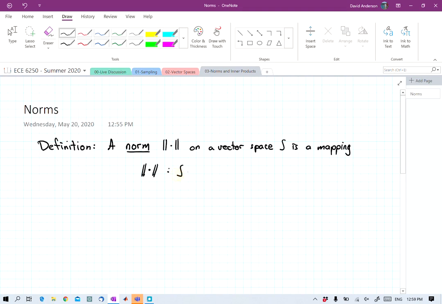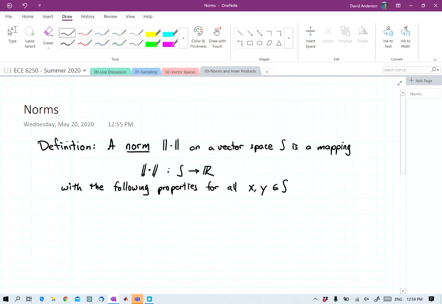But what it does is essentially you give it a vector and it gives you a real number, and there are certain properties, for all x and y in our space.